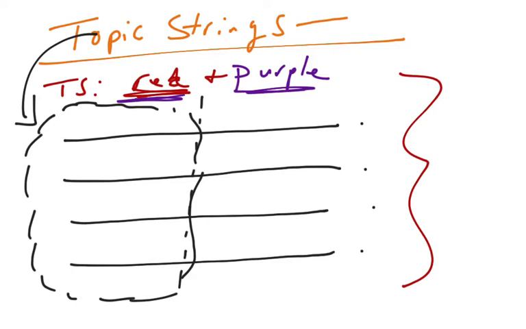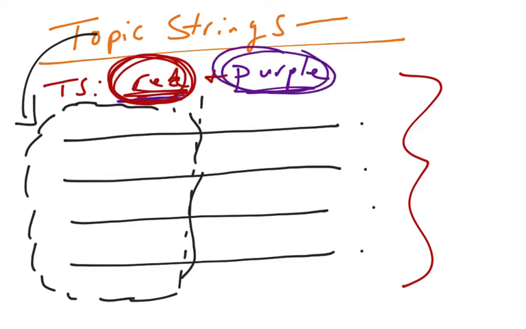Now, here's the issue. If my topic sentence is focusing on red and purple, for instance, and then I suddenly have words at the beginning of these sentences that have nothing to do with red and purple.